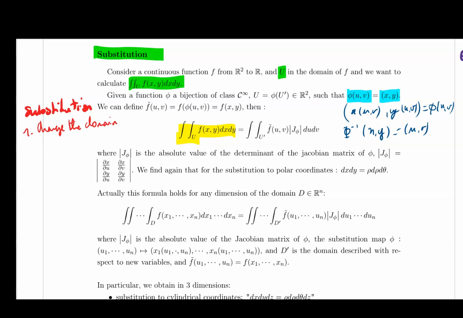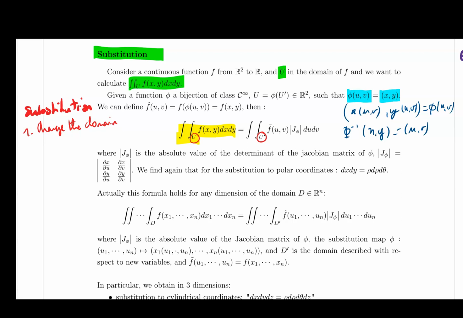The domain of integration has to be expressed with respect to the new variables. That means that if x, y belong to domain U, they are going to belong to some other description of the domain in terms of u, v.